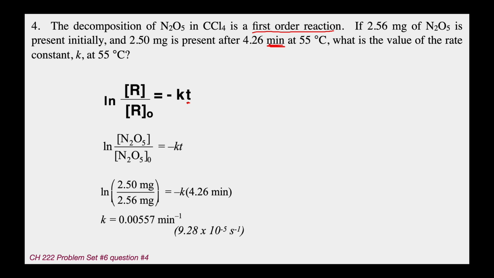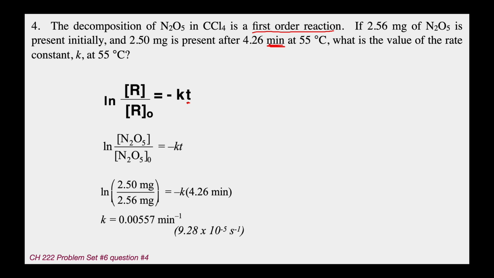K is going to be the rate constant K, and again, K and T, always positive numbers. So if you've done the problem right, if you use natural log, you should get a K of 0.00557 inverse minutes.